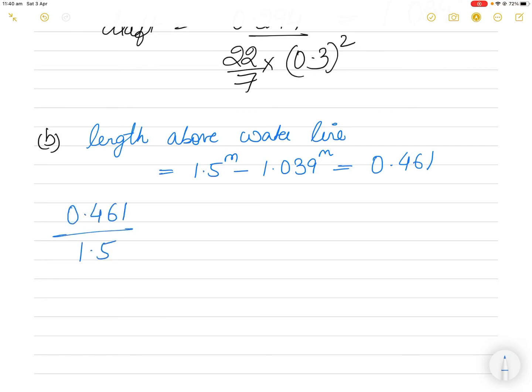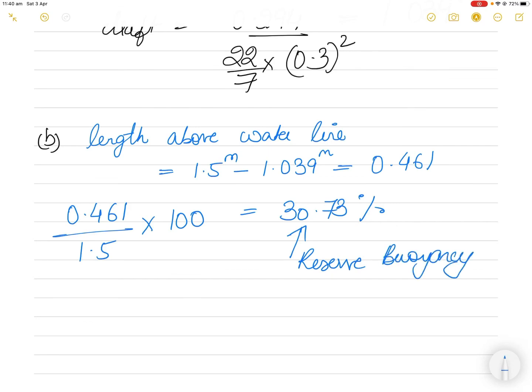Out of 1.5, which is the total length, multiplied by 100, will give you 30.73%. So the reserve buoyancy is 30.73%. Now remember, reserve buoyancy is given as a percentage of the total volume. So out of the total volume, 30.73% is the reserve buoyancy of the drum when filled with lube oil.